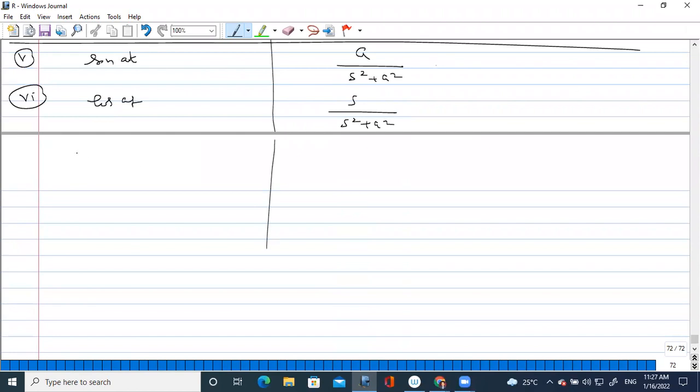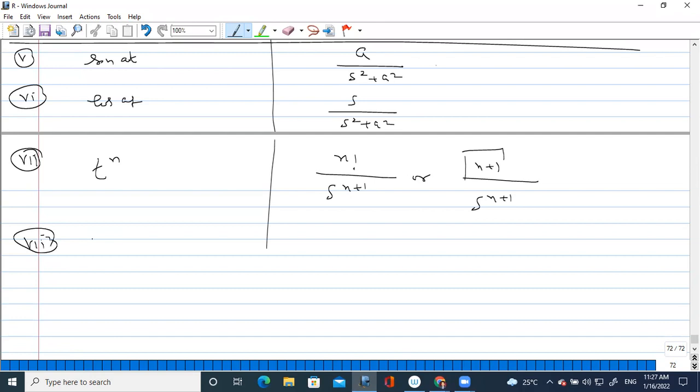Similarly, you can write t to the power n. For that you can write either factorial n divided by s to the power n plus 1, or gamma n plus 1 divided by s to the power n plus 1. And next is the unit step function u(t minus a).